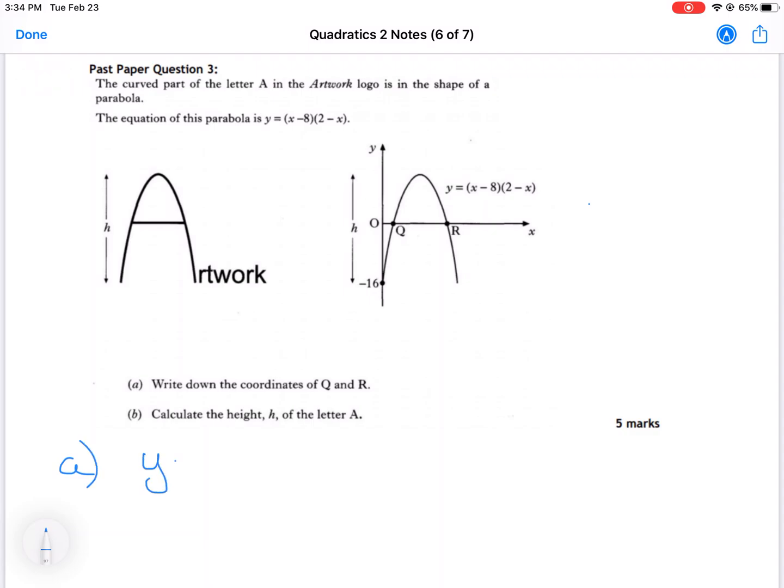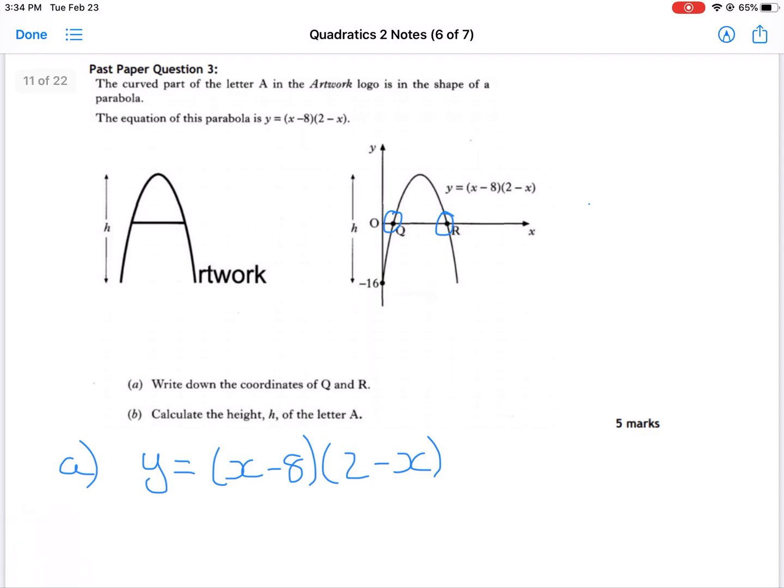We are given that y equals (x minus 8)(2 minus x). Now, we know from the start of this set of notes that when we calculate the two values of x, what we're actually finding are where it crosses the x-axis. Okay, we're finding the roots.